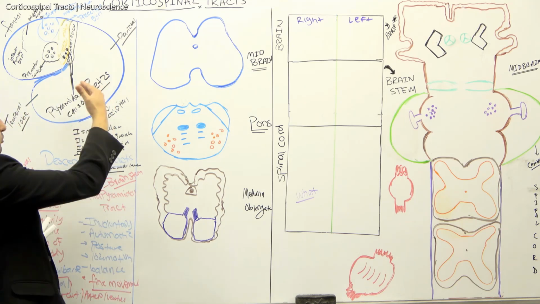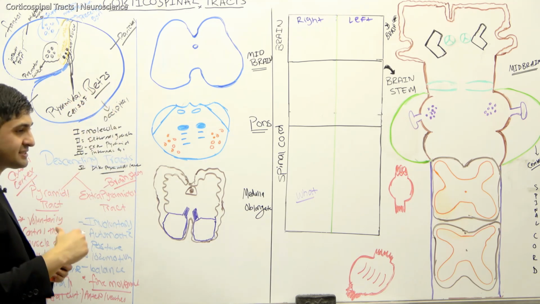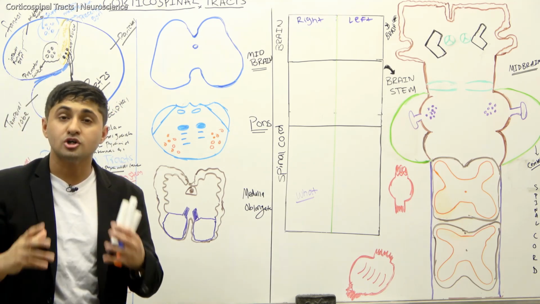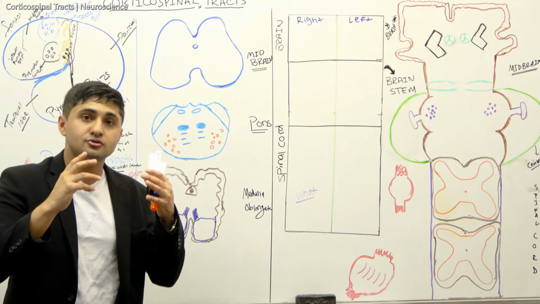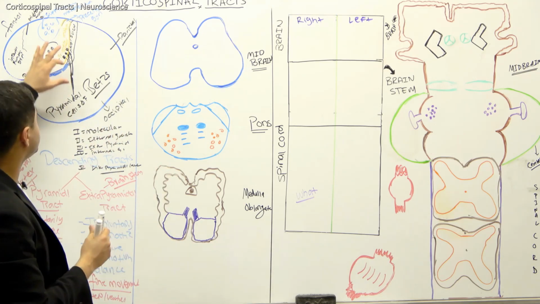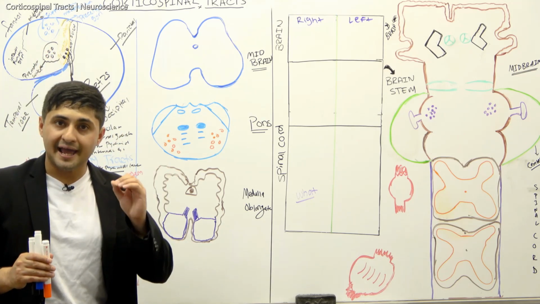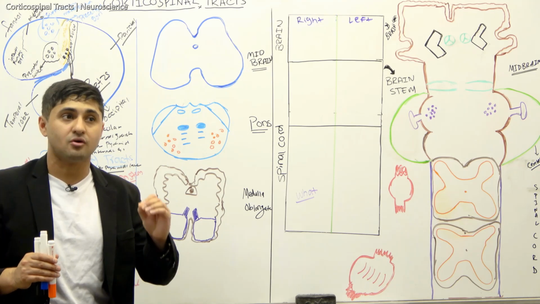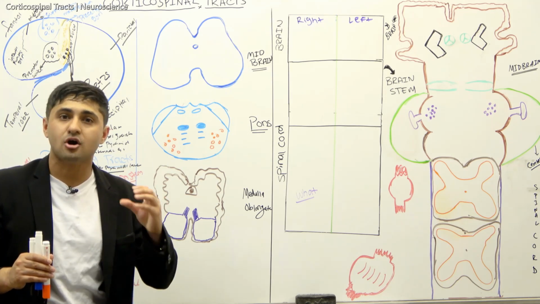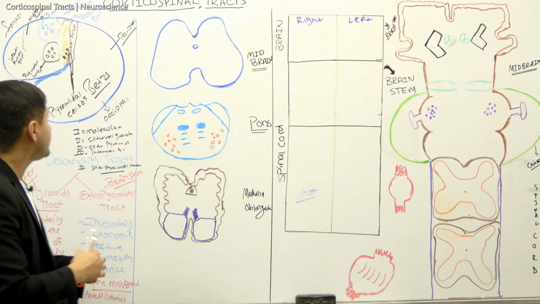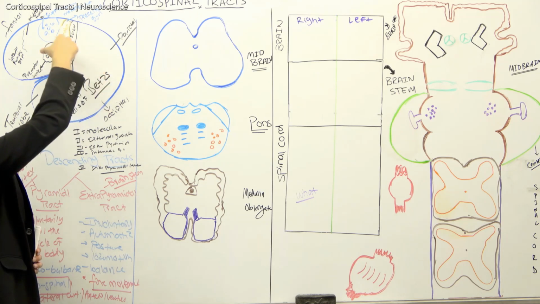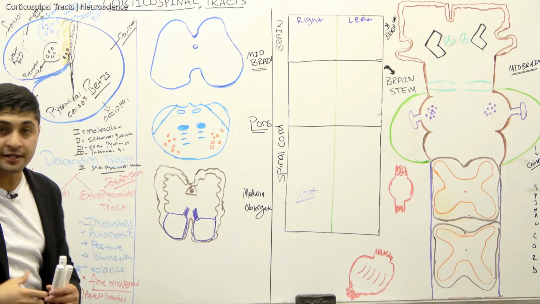So what is the importance of Betz cells? These are one of the largest diameter neurons that are found here in the primary motor cortex. Their diameter is almost 100 micrometers, and their axons are also very, very heavily myelinated.